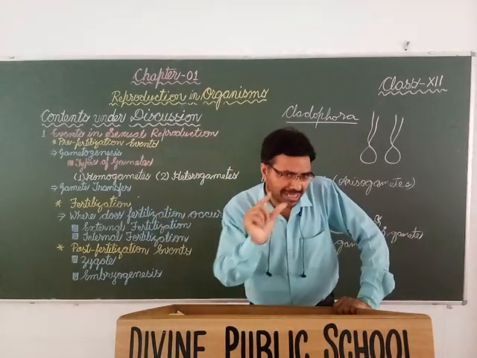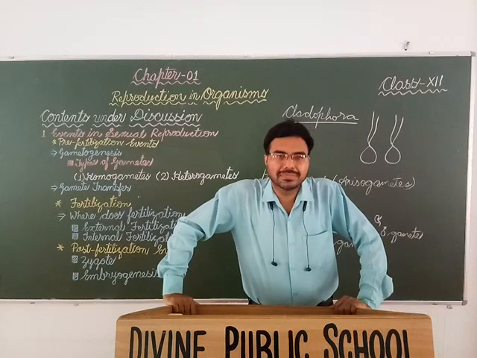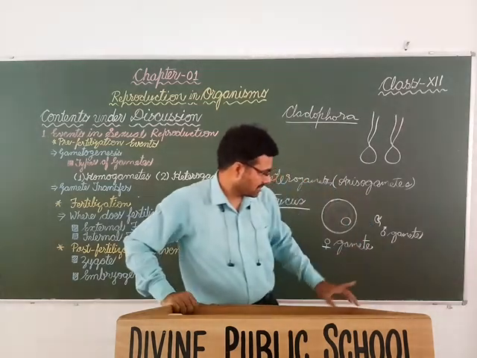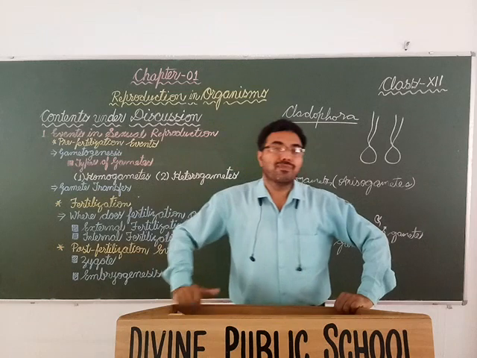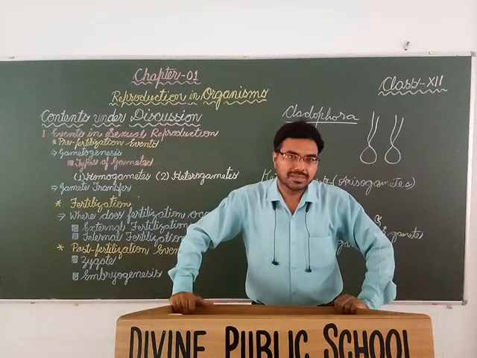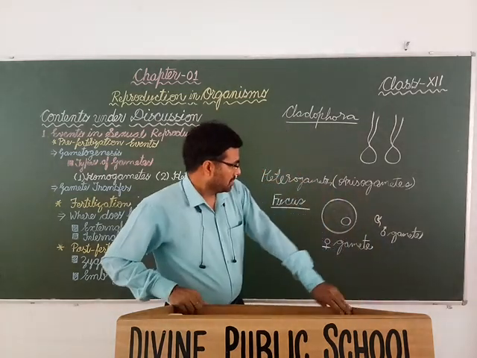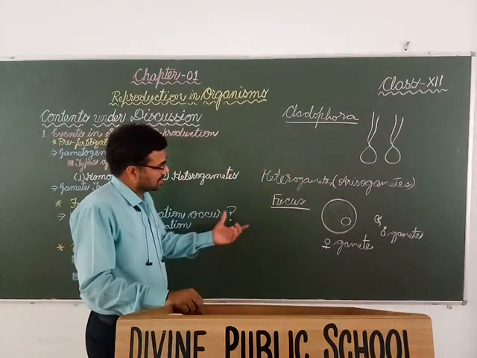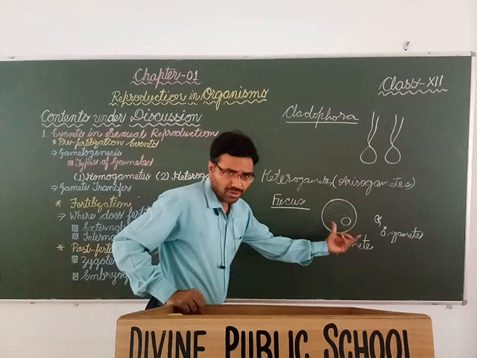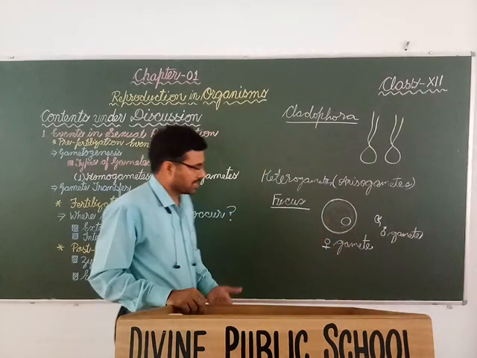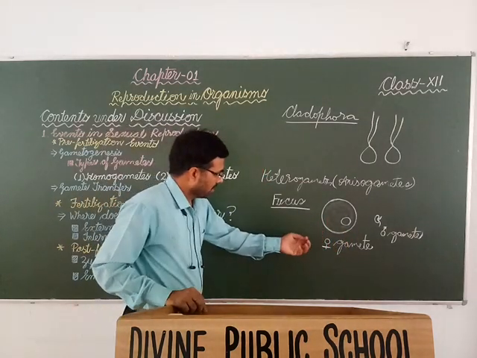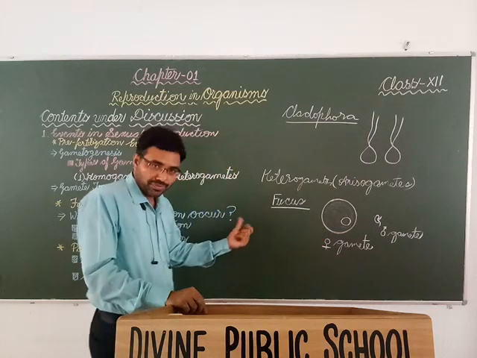The male gamete is quite small and it has flagella for locomotion. That's why these are called the heterogametes of Fucus.